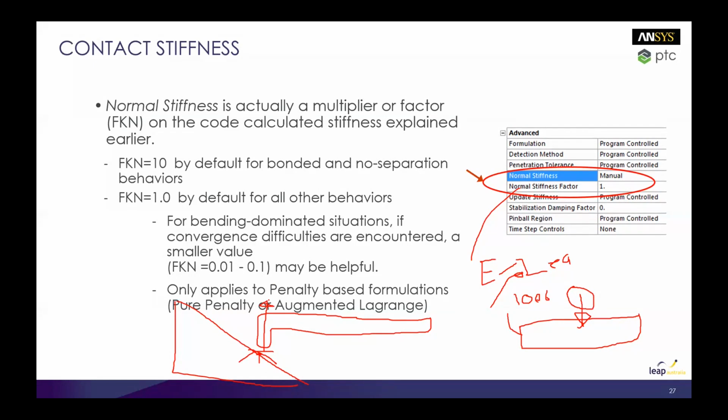There's no force causing that deflection, so it suddenly springs back or tries to go into contact, and you get this oscillation going on where it never comes into contact. So you use a lower value for the contact stiffness, and then the contact will eventually establish itself.